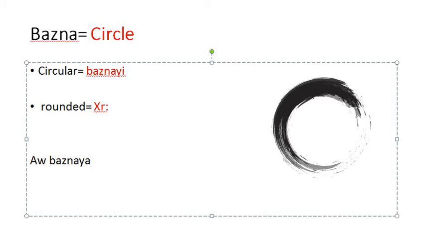Baznea, this circle, khra, means is rounded. This is, by the way, the verb to be, conjugated from the verb boon. Boon means to be, just like Shakespeare said, to be or not to be. So rounded means khar.